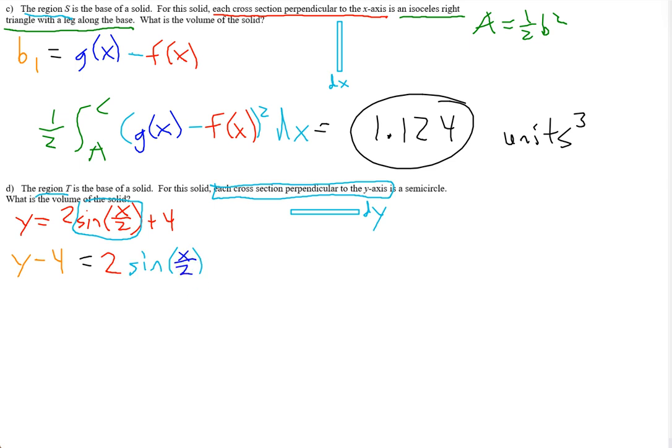And then you would divide by 2 to get the sine by itself. Now here you can leave it like this, but then you'll have an extra parentheses in your calculator that you have to type in. So in this case, since 4 is divisible by 2 evenly, it's probably easier to split it: y divided by 2 minus 4 divided by 2, which is 2. And then we've got the sine by itself.